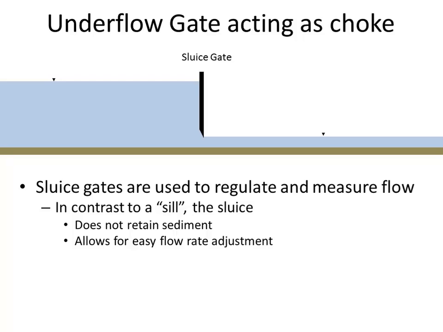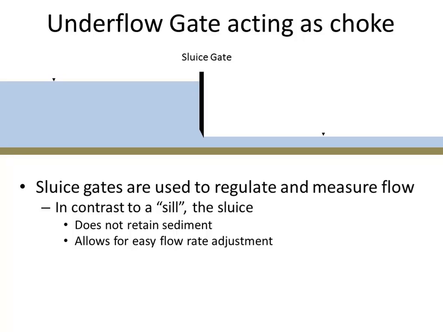The first thing I want to point out is an underflow gate, because we've talked about chokes. We've talked about how a choke can occur when a channel gets too narrow, or when a step occurs, a step up in the channel elevation. But an interesting additional feature that can cause choking is when a gate is lowered into the flow.